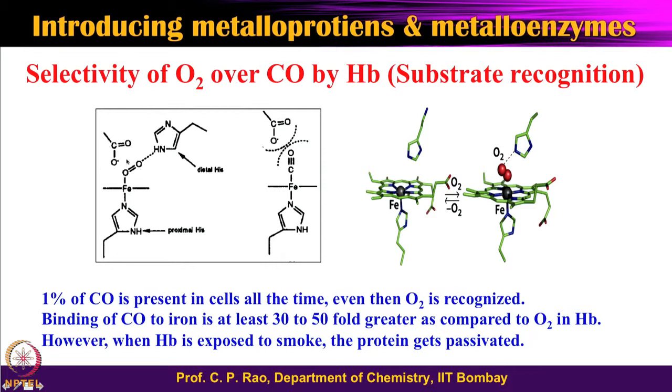There is a push from this side, and there is an attraction from the histidine, which is called the distal histidine, where there is a hydrogen bond that stabilizes it. On the other hand, when CO binds, it is a linear FeCO, 180 degrees, and this has no stabilizing power. So, the binding nature of these is different.